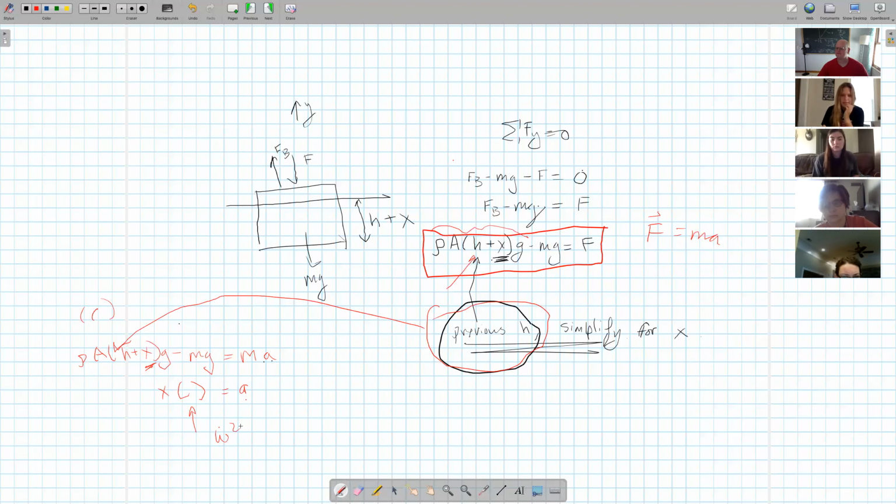That's right, Mallory. Everybody's okay? Once you get it into that form, you just read off what omega squared is. Whatever is in front of or next to that x is omega squared.